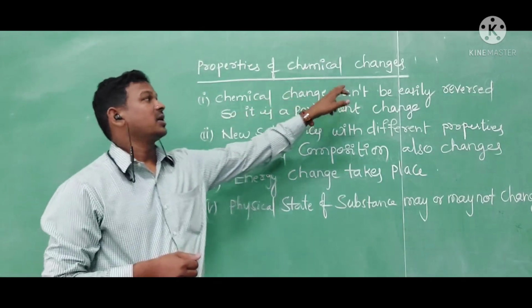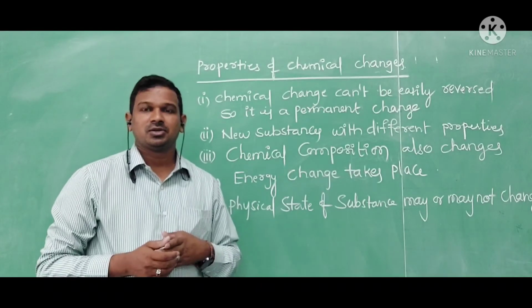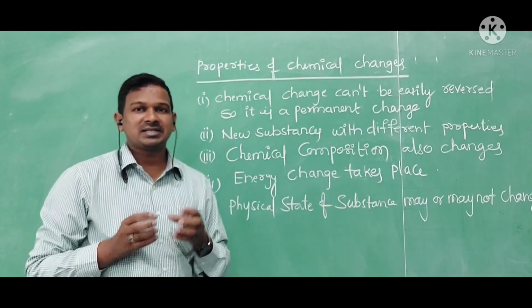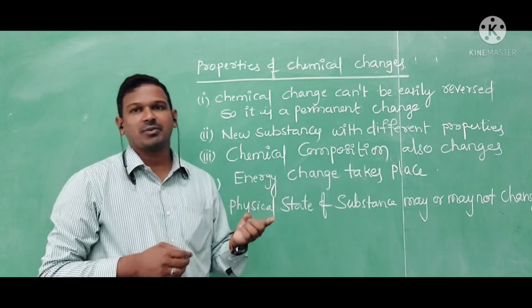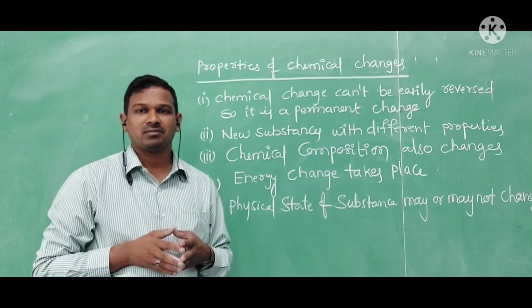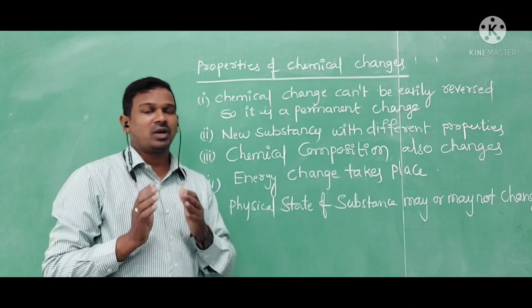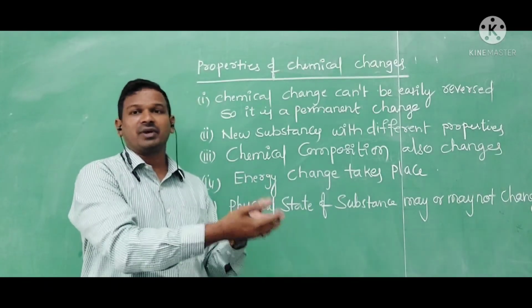Chemical changes can't be reversed, so it is a permanent change. Once reactants are mixed together, giving a product, from the product we cannot bring the reactants back. For example, burning a paper. Once burned, what will happen? It converts into ash. We cannot convert it into paper again.